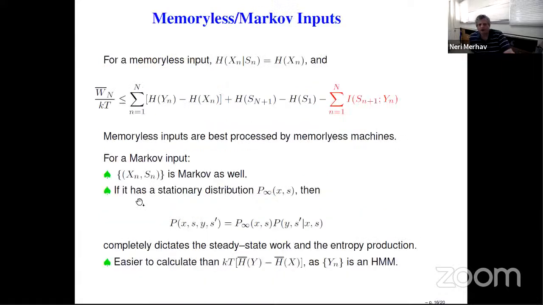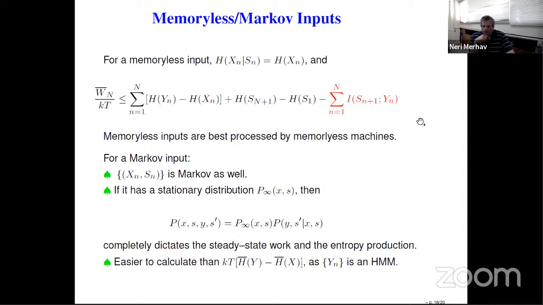A few comments about special inputs. First of all, for a memoryless input, where the conditioning on the state is immaterial, the inequality takes this form. We have the sum of differences of unconditional entropies plus the entropy production of the state, minus the mutual information between the state and the output.